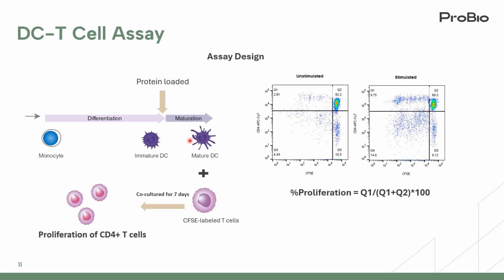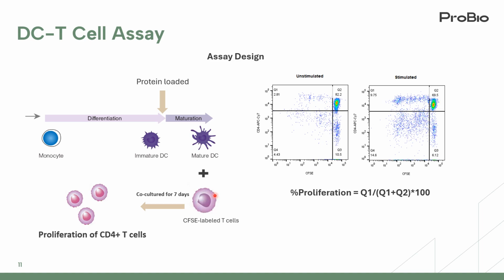To carry out the DC and the T cell assay, monocyte from PBMC is first isolated and differentiated into immature dendritic cell, followed by loading with test articles like antibodies or proteins. The mature dendritic cell is then incubated with CFSE labeled T cell isolated from the same batch of a PBMC.